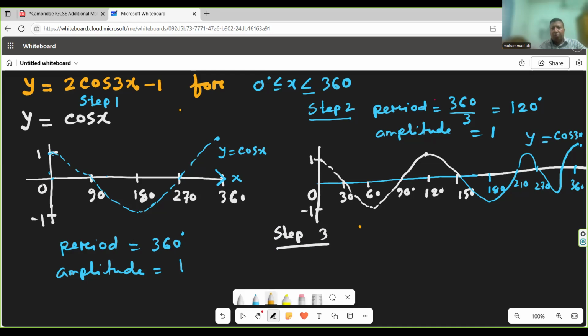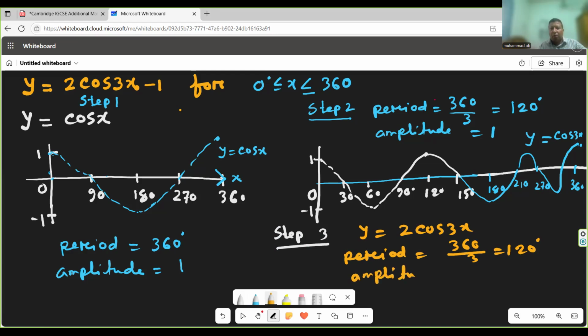Now step 3. If we want to sketch y equals 2 cos 3x, the period will still be 360 degrees divided by 3, that is 120 degrees. This is the period. And for the amplitude, multiply these points: 1 multiplied by 2 will be 2, and minus 1 multiplied by 2 will be minus 2.